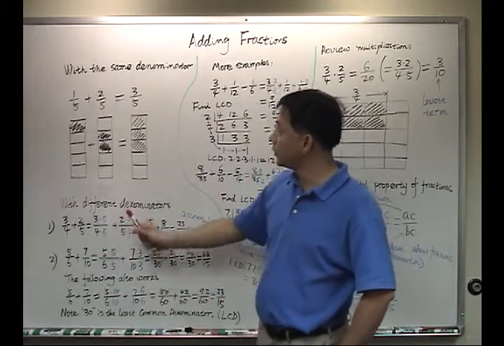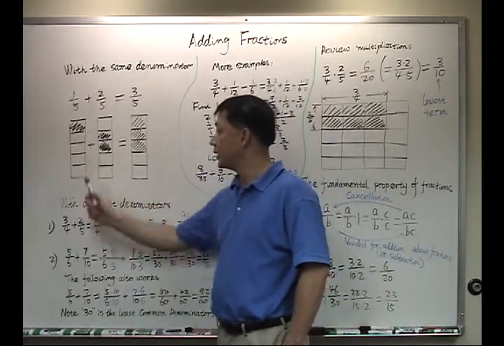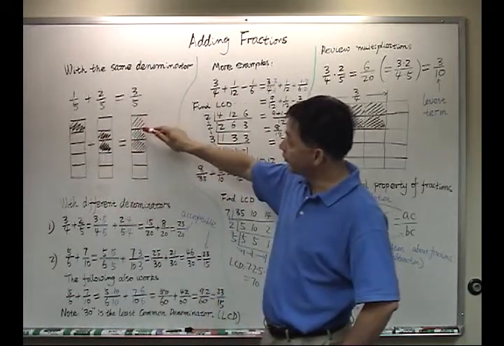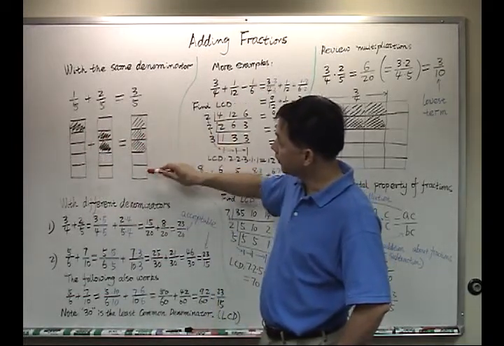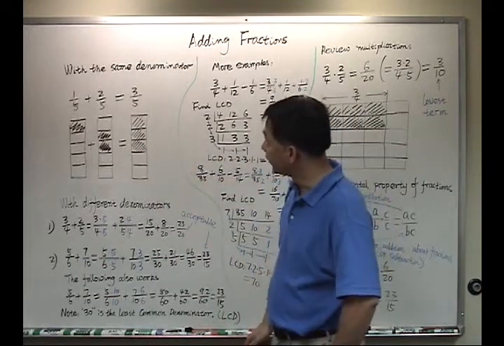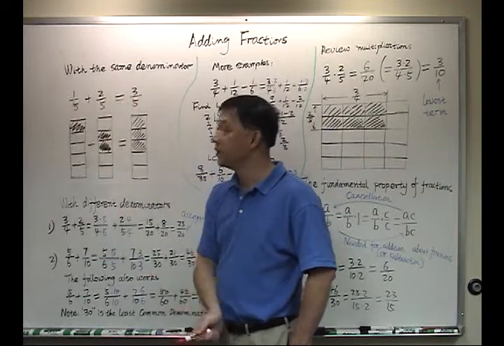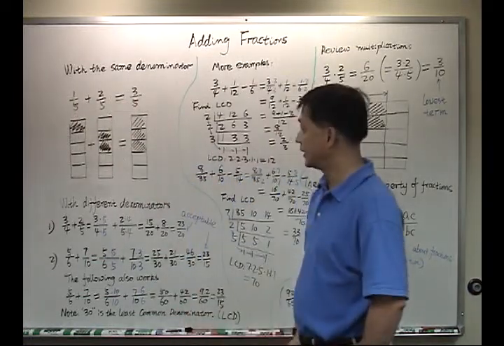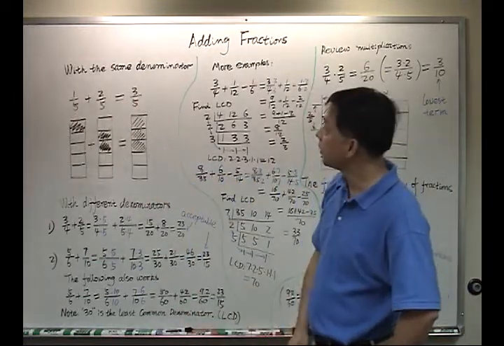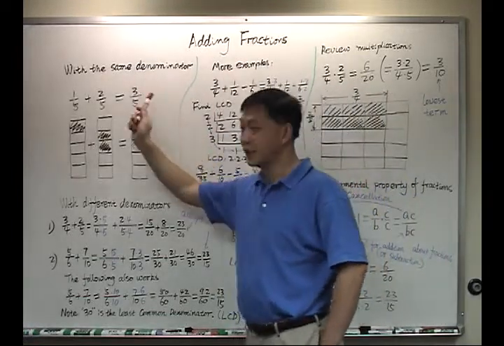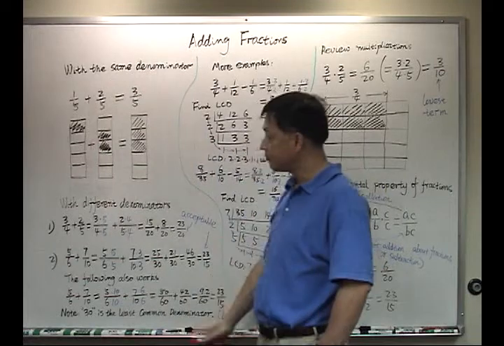Then when you do addition, you basically add those boxes. So you have 3 boxes out of 5. So that would be basically 1 plus 2, which is 3. That's 3/5. Final answer. So adding fractions with the same denominator is a very easy case.